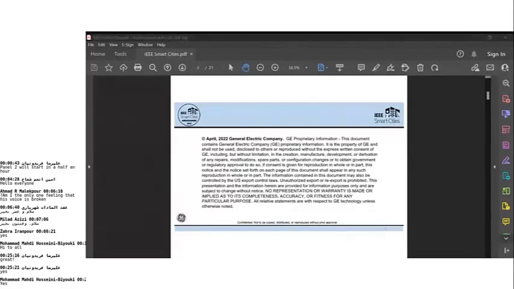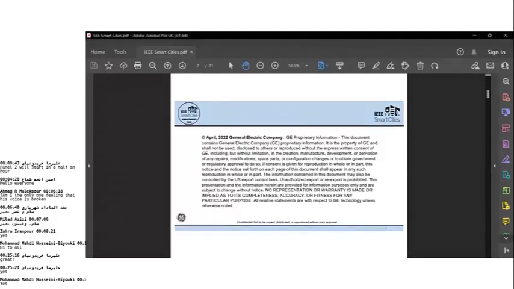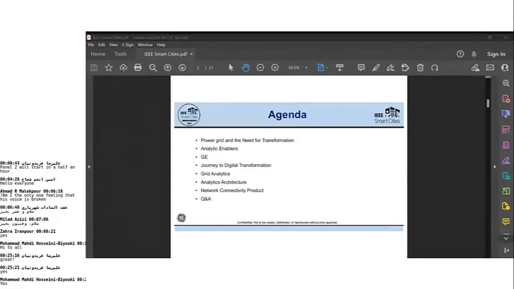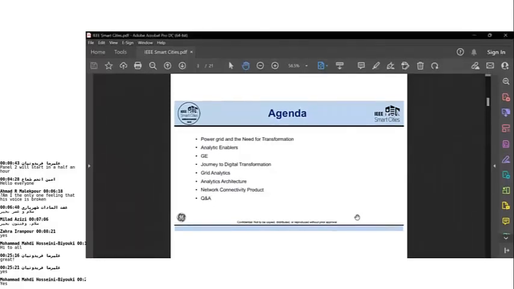Here is a quick overview of the agenda. I'll be talking about the electric grid and various changes that are happening and are going to happen at different levels, including big data analytics. And then we will talk about some of the key enablers for analytics as it relates to enabling situational awareness in electric power grids.